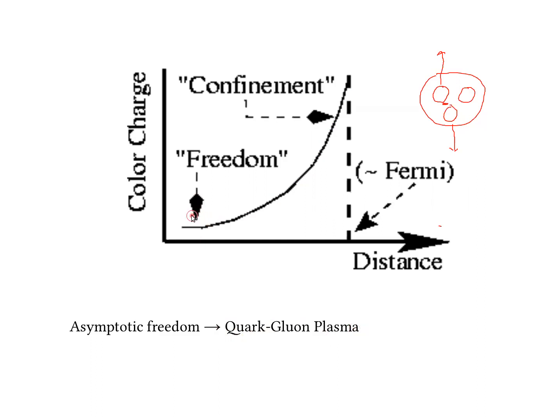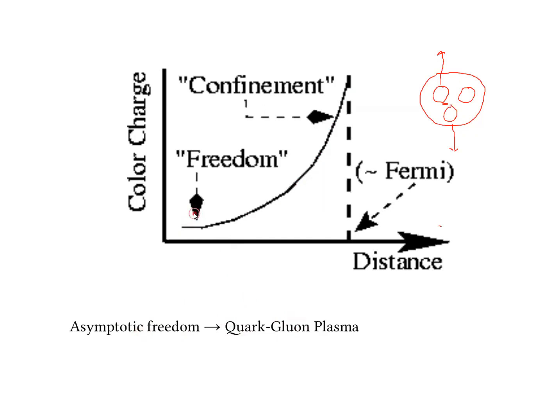They are almost free, and that state is called quark gluon plasma. Of course, there is some exchange force going on between them, interacting via the gluon. But the force is very small, so it is not completely free, but almost free.